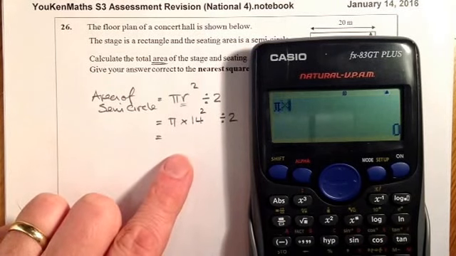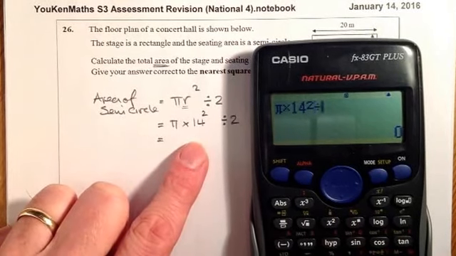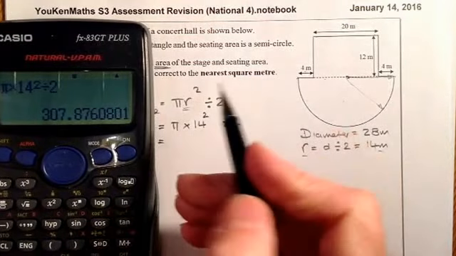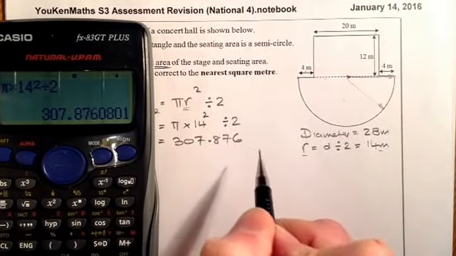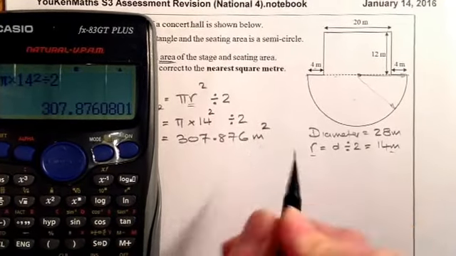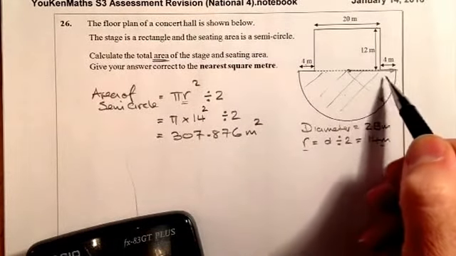I'll multiply that by 14, and I can see my squared button just about here somewhere on most calculators. Squared divided by 2. So that there is going to be the area. And that's going to be metres squared. So that's the area of this part here that we've worked out.